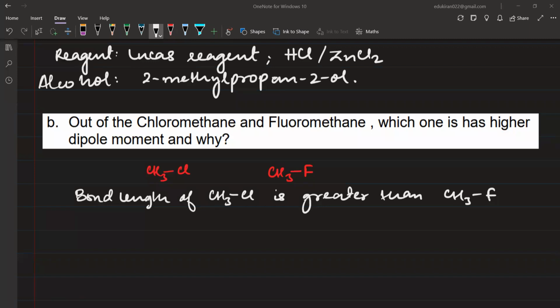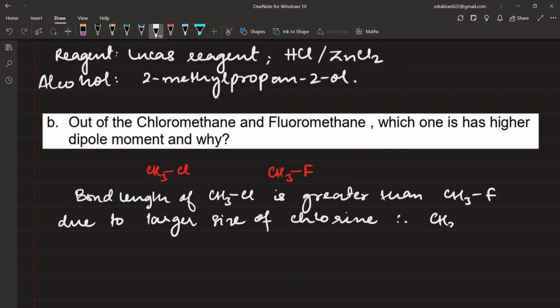Chloromethane is going to have higher bond length, right? That is why the C-Cl bond length is greater than C-F due to larger size of chlorine. Therefore, CH3Cl will have higher dipole.